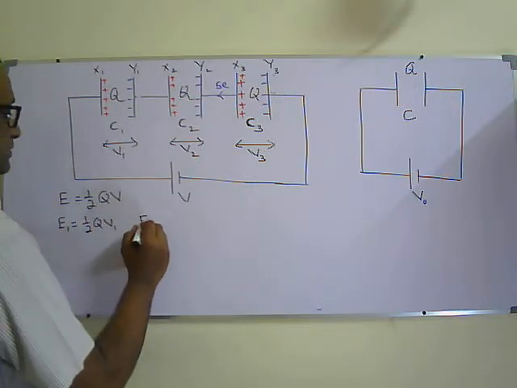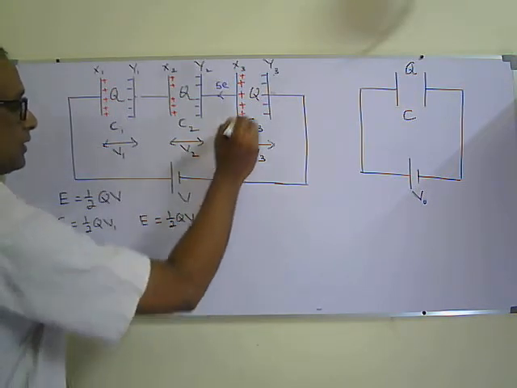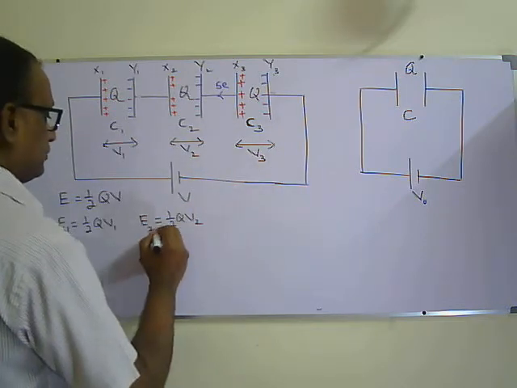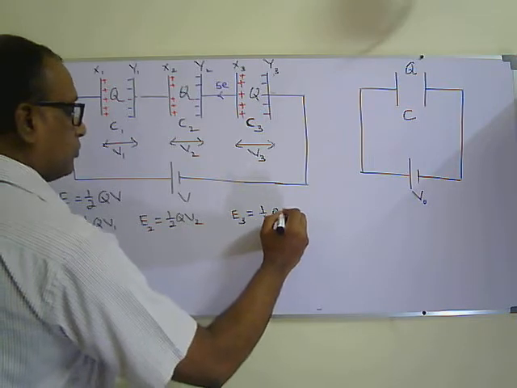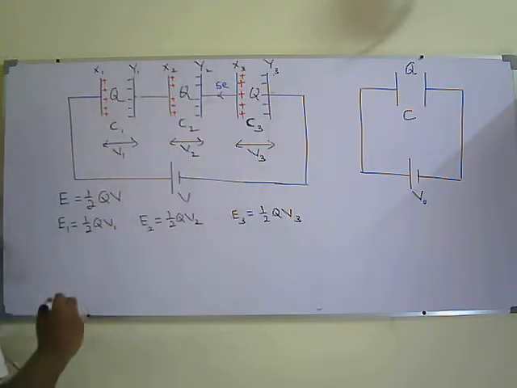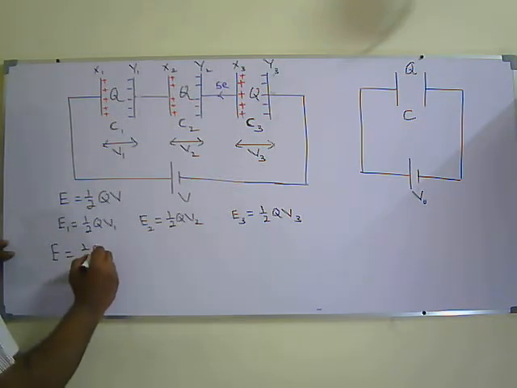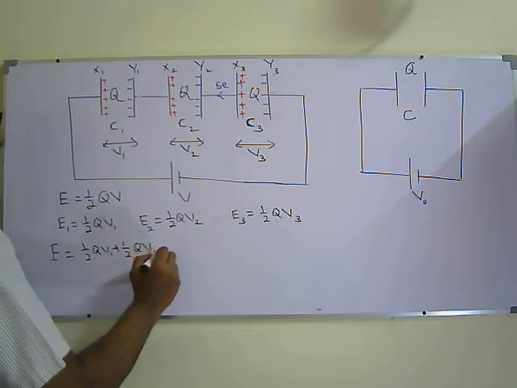In the same way, the energy of this one is equal to half QV2, and E3 will be equal to half QV3. So the total energy of these three capacitors, I can say E equals half QV1 plus half QV2 plus half QV3.